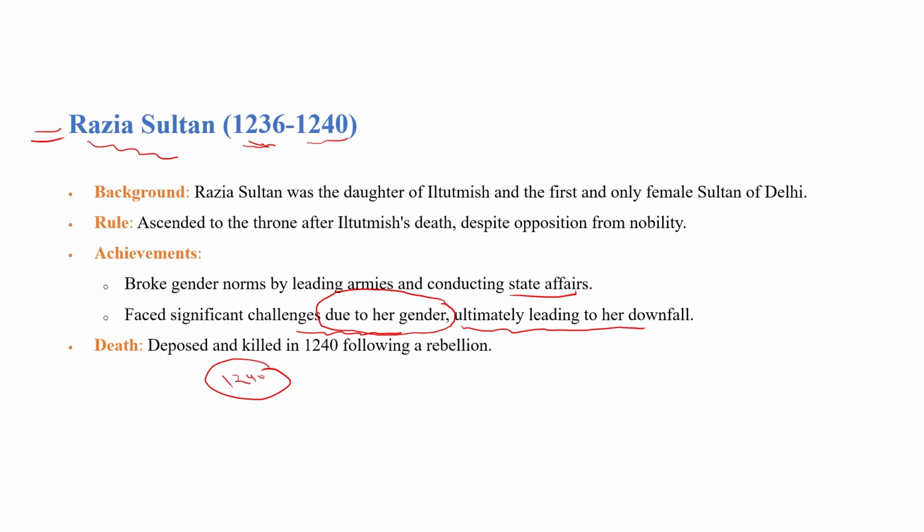Actually, Behram Shah arrested Rajia Sultan with Altunia, who was the governor of Bathinda. Now Rajia Sultan wanted revenge on Behram Shah, so she attacked Delhi with Altunia. As Behram Shah was very powerful, he defeated Rajia Sultan and killed her in Kaithal in 1240. After the death of Rajia Sultan, Behram Shah became the next ruler of the Delhi Sultanate.